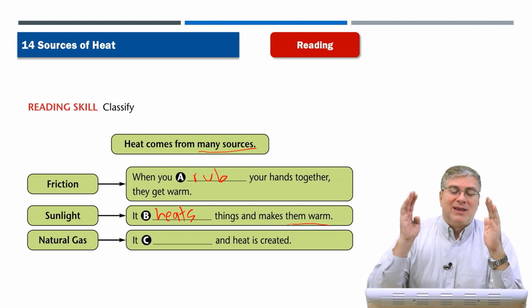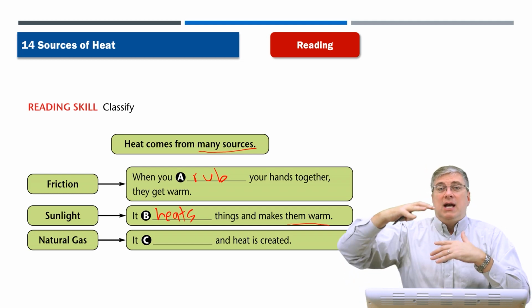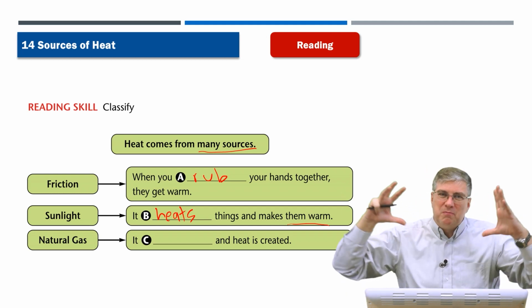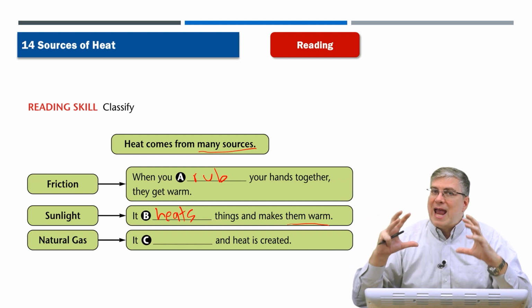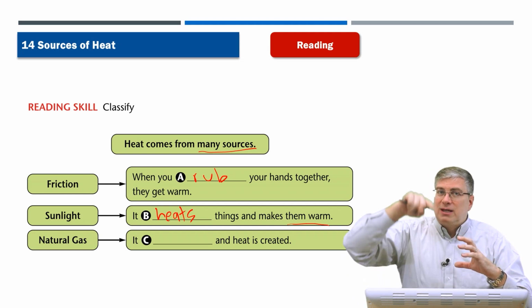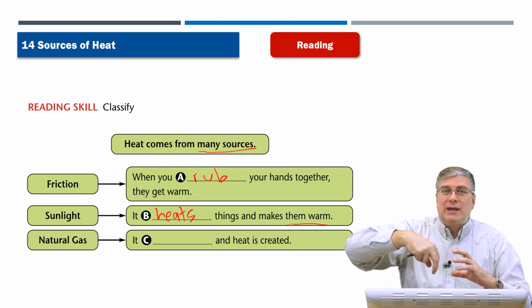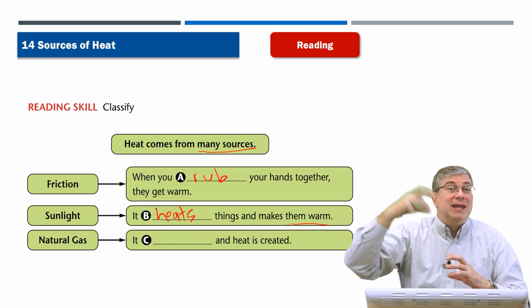Anyway, the last source is natural gas. And we talked about that. There are big pockets, large areas underground that have natural gas. They are a little bit dangerous, right? But the gas can come up to the ground, especially if you drill down to it, and companies will tap into that natural gas and get it.